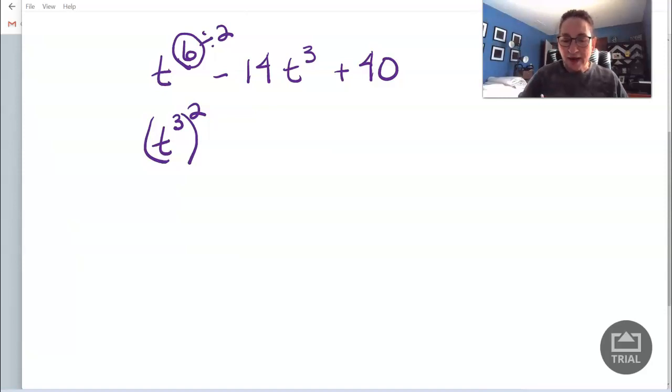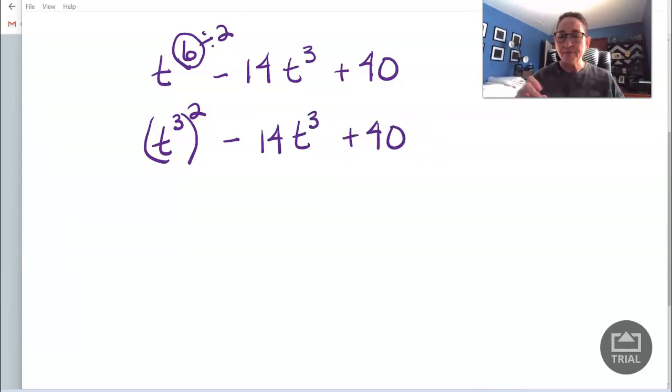So then we've got minus 14t cubed plus 40. All right, so now I have a t cubed that's in 2 parts of my expression. So I'm going to do my substitution, let u equal t cubed.